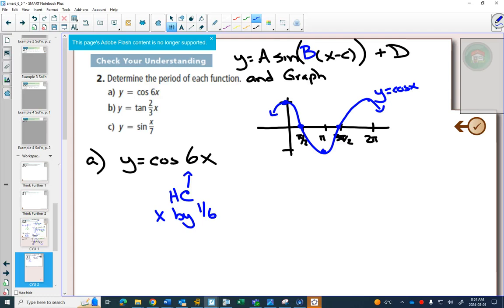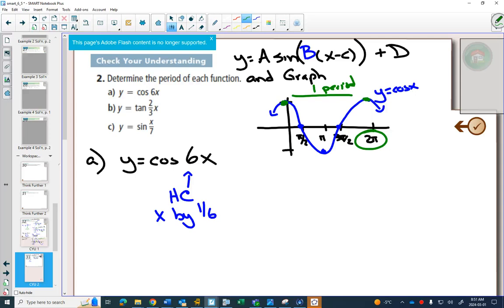Now what's going to change when we multiply x values? Our axes family is going to change. In particular, we are going to look at this point, because at this point, we have reached one period. You see that when you do a horizontal compression, everything's going to get compressed, and your period is going to change.